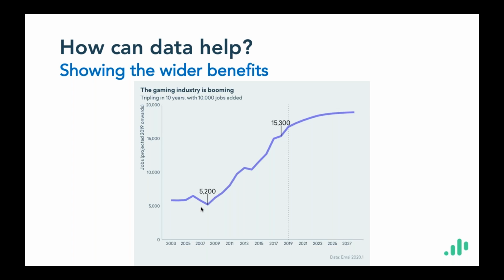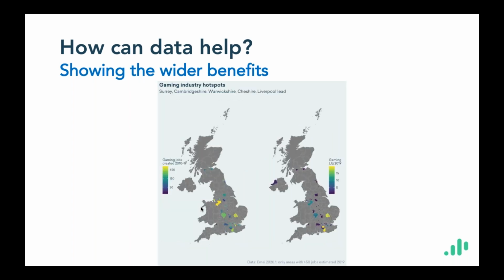In the UK as a whole, there's 10,000 or so jobs being added across the past 10 years, so it's really flying high. And jobs are spread pretty broadly across the nation, with certain hotspot areas, as you would imagine. But as you can hopefully see, having this kind of information and being able to share it with students who are interested in gaming courses and software courses is going to be super helpful.